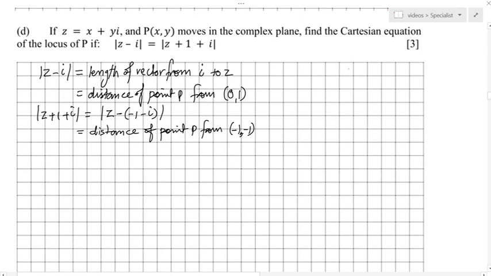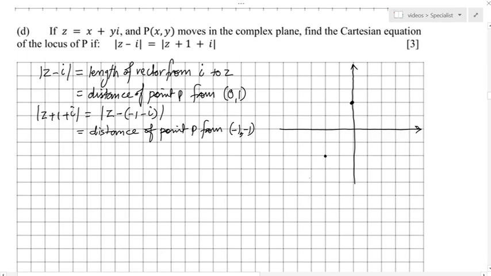So let's just draw this. That's my complex plane here, and my point (0, 1) is this point, and the other point (minus 1, minus 1) is this point. Now we need to ask ourselves, our point P moves in such a manner that it is always at the same distance from both points.